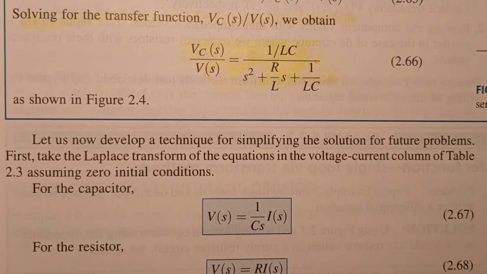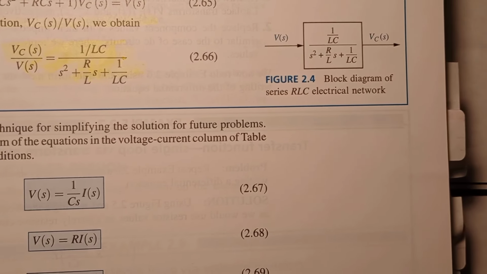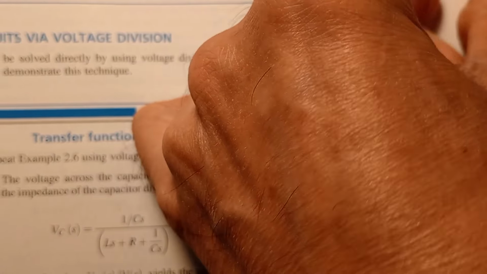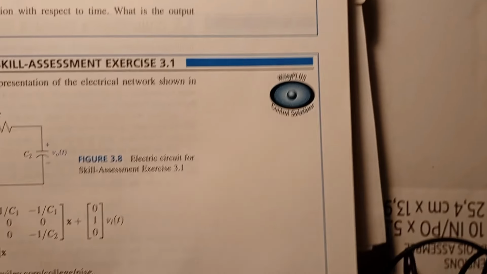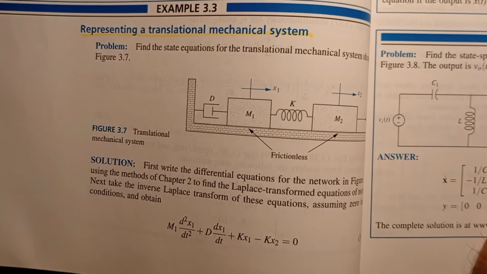The s just means a complex number. Block diagram of a series RLC network. And of course, control systems can also be used for mechanical systems, as shown here.